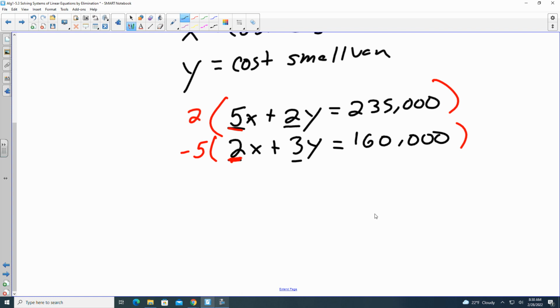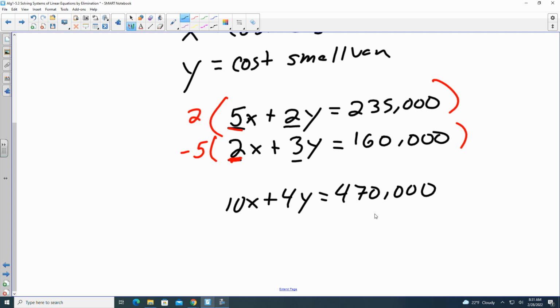So once I distribute the 2, that gives me 10x plus 4y is equal to 470,000.